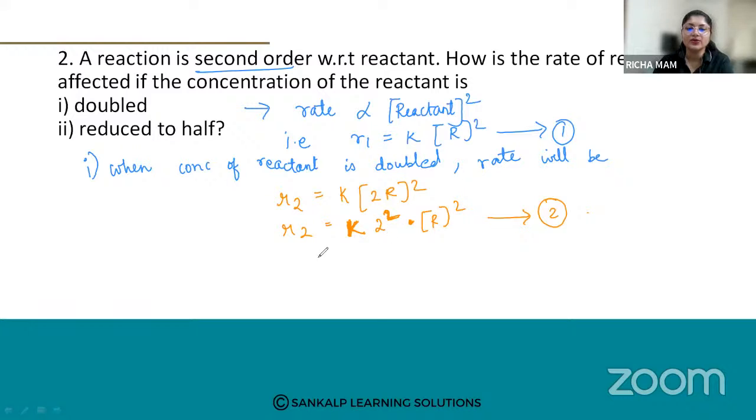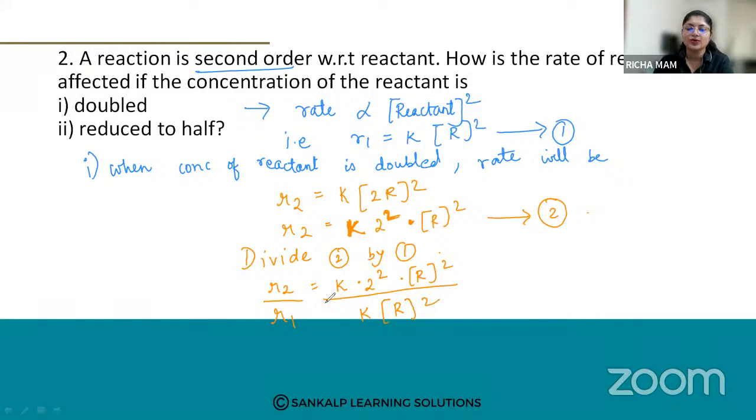Now what we'll do? We will divide 2 by 1. Just see how much you're getting. So R2 upon R1 is K into 2 square into concentration of R square upon K into R square.